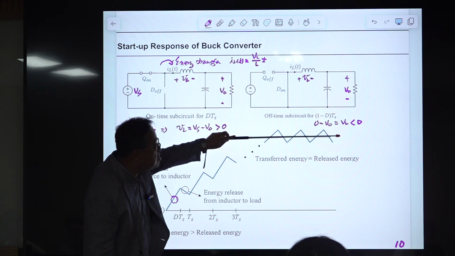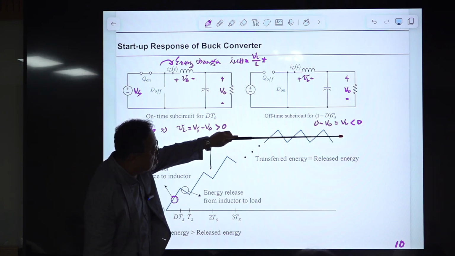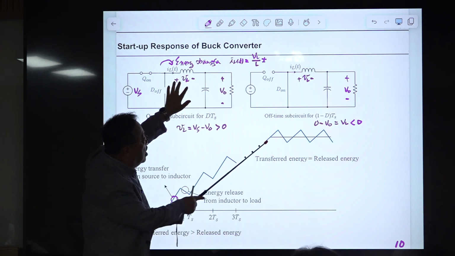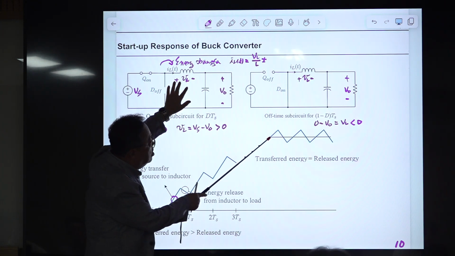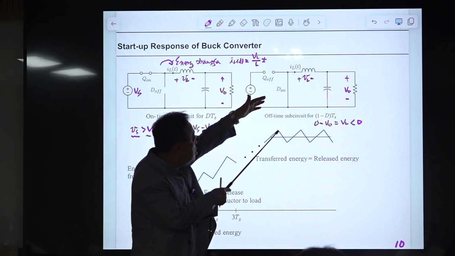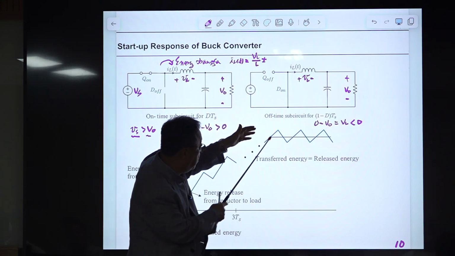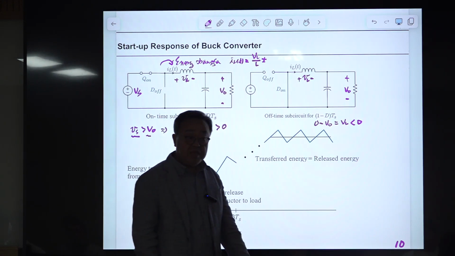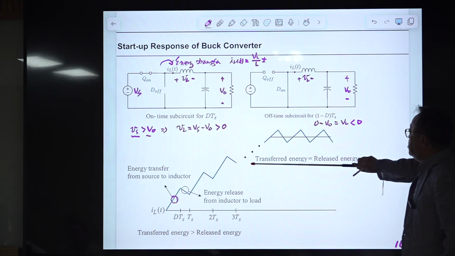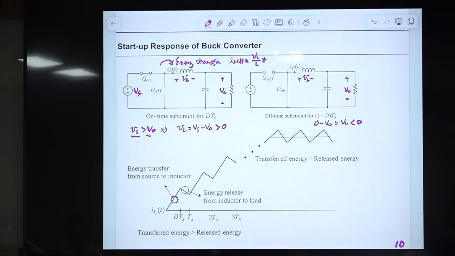Some finite energy corresponding to the value of this current is stored in this inductor. In this part, additional energy is coming in, and in this period that additional energy is released to the load. So at the steady state, the transferred energy is the same as the released energy. So we reach the steady state.